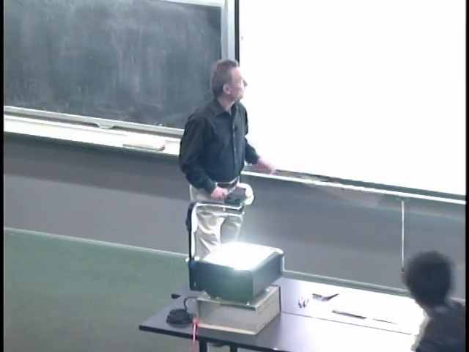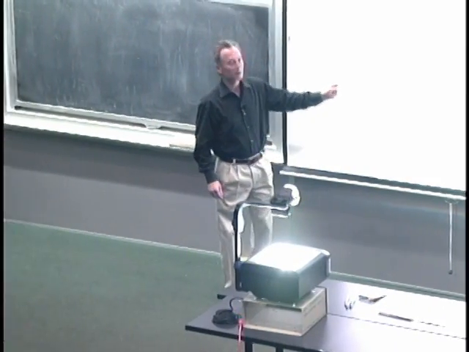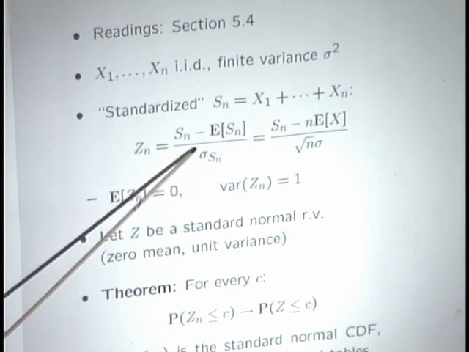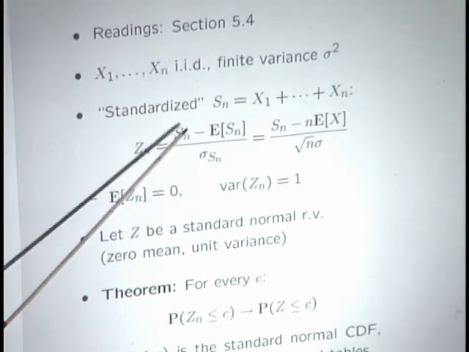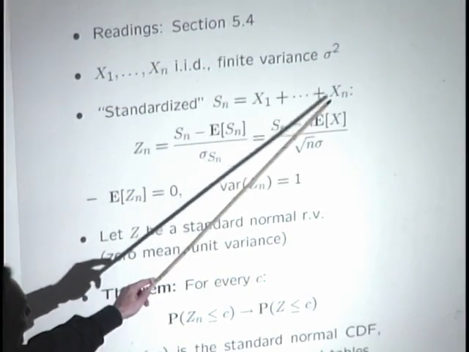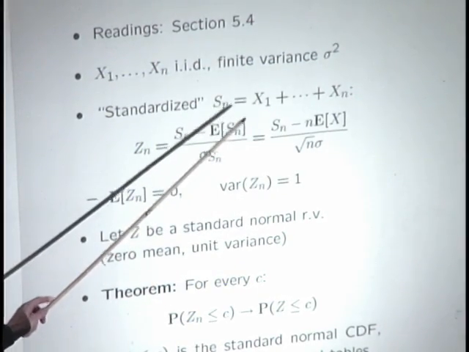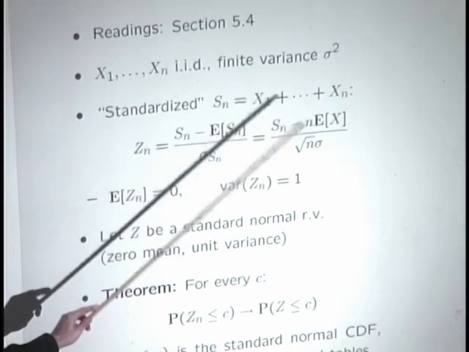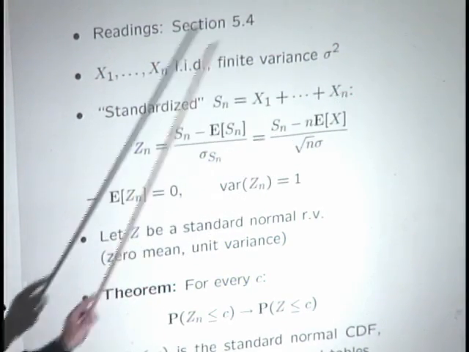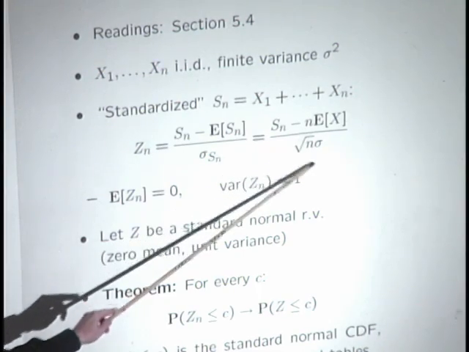By standardizing it, what we mean is to subtract the mean and then divide by the standard deviation. Now, the mean is, of course, n times the expected value of each one of the x's. And the standard deviation is the square root of the variance. The variance is n times sigma squared, where sigma squared is the variance of the x's. So that's the standard deviation.